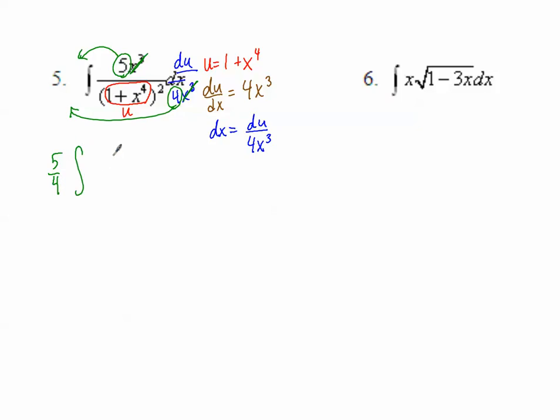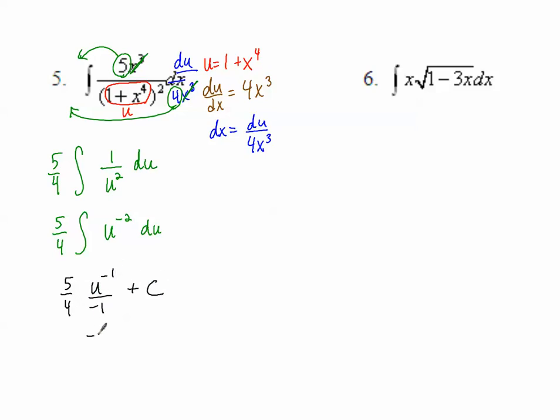Nothing on top but 1, u squared on the bottom, and du. Of course, we need to rewrite this as u to the -2 du, and then we can do our power rule. 5/4 u to the -1 over -1 plus c.